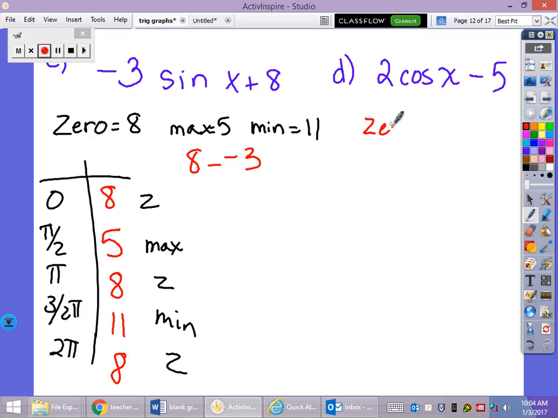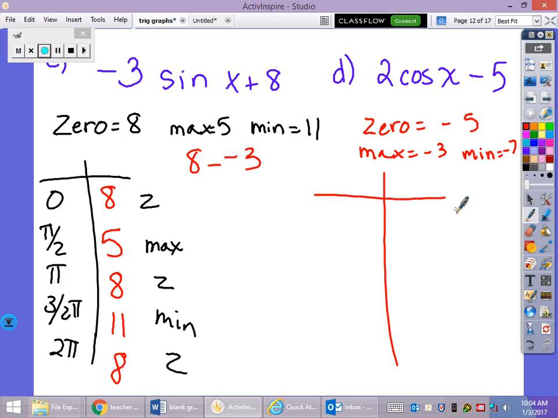What is my 0? -5. My max, -3, and my min is going to be -7. Okay, it is cosine, which means it's going to be max, 0, min, 0, max.